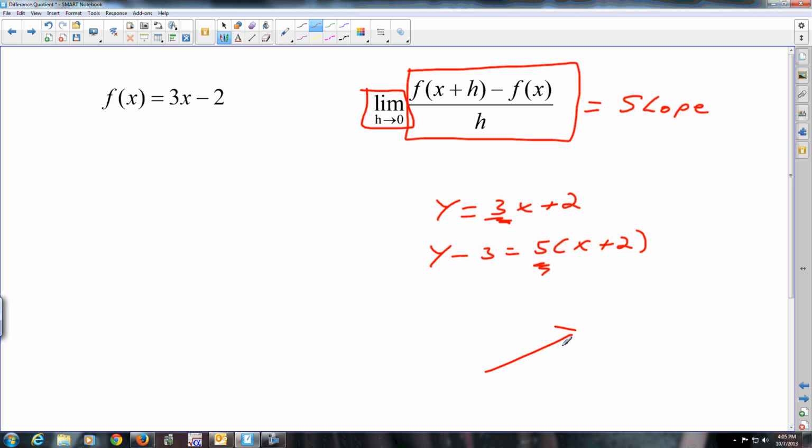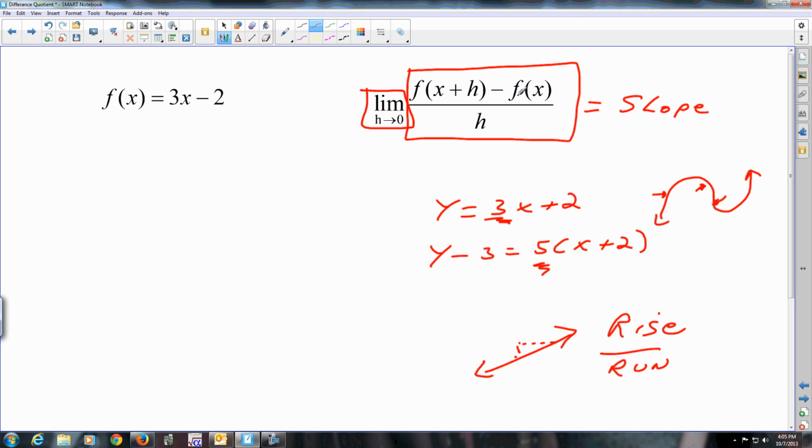And the basic definition, rise over run, has always been for a line. How much are you going up? How much are you going over? Well, you can describe and you can calculate the slope on a curve. You can find out right there what's the slope, or right here what's the slope, or right there what's the slope. How steep is the curve at that location? This will find it for you.